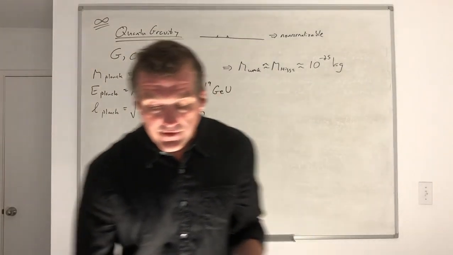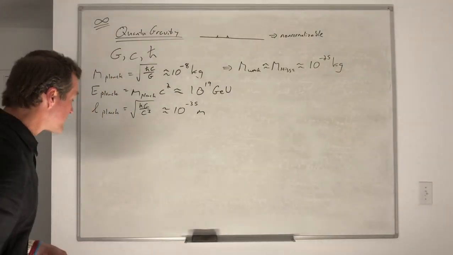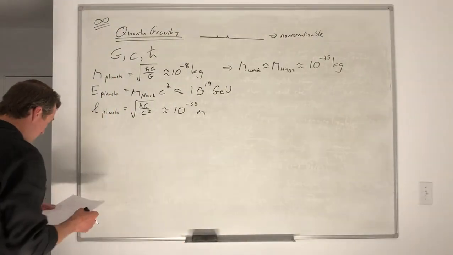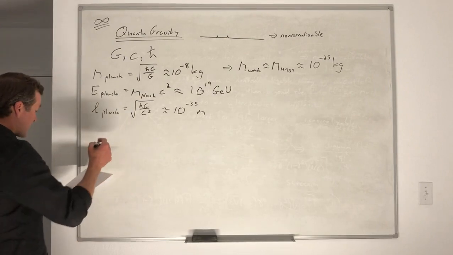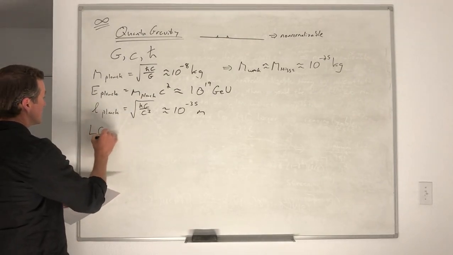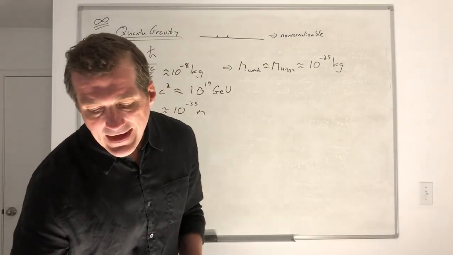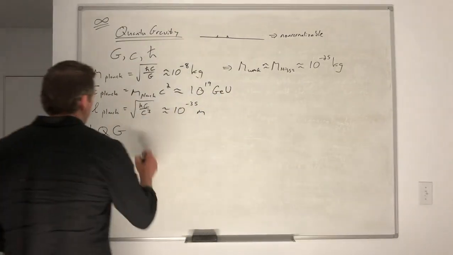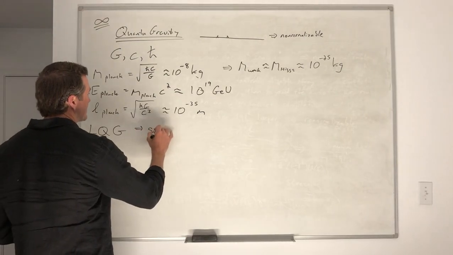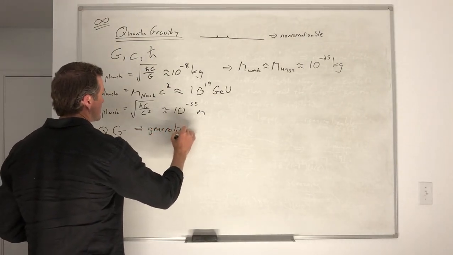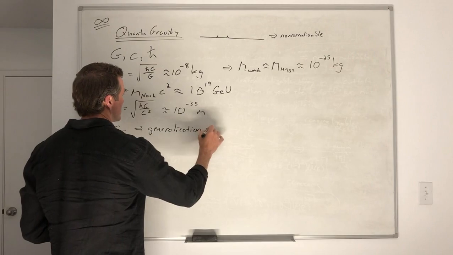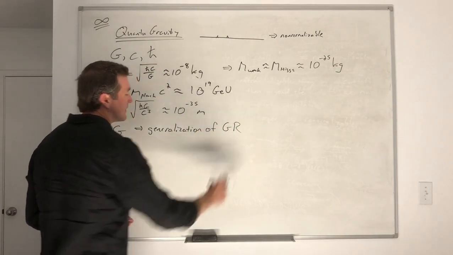Okay? Now there are roughly two categories of replacements. The first one is loop quantum gravity. Loop quantum gravity is essentially a generalization of GR.